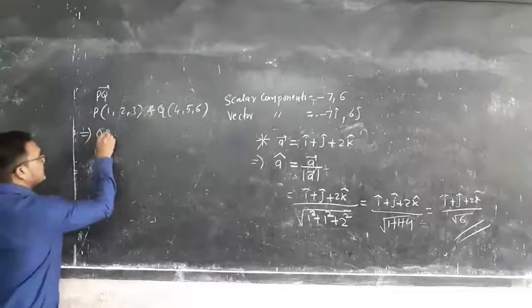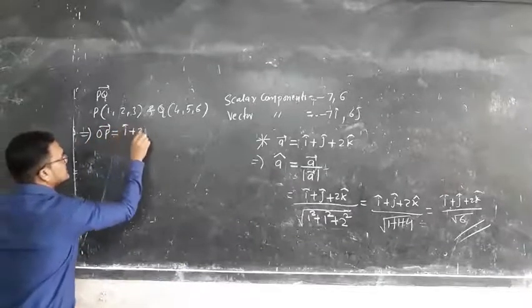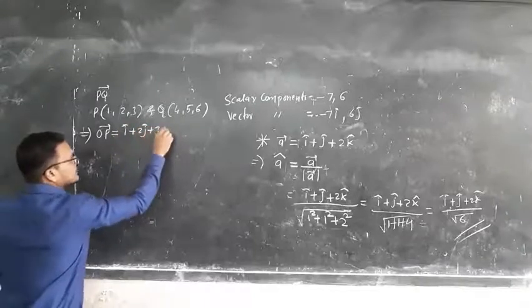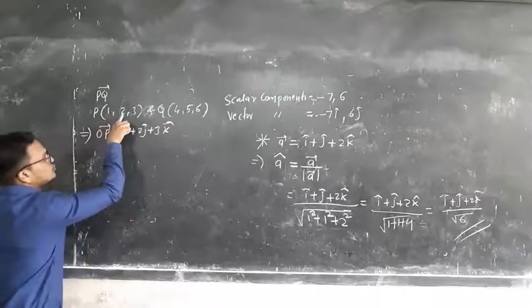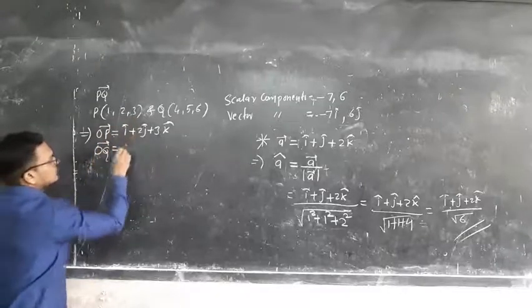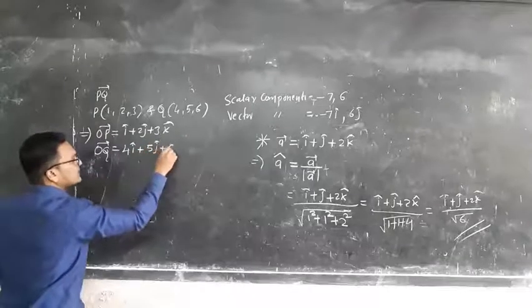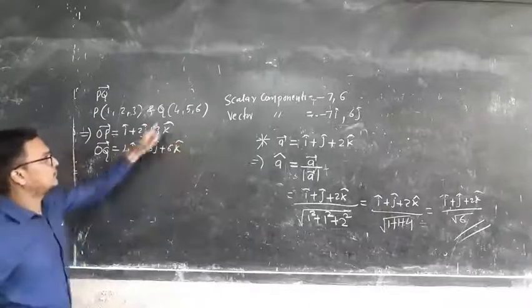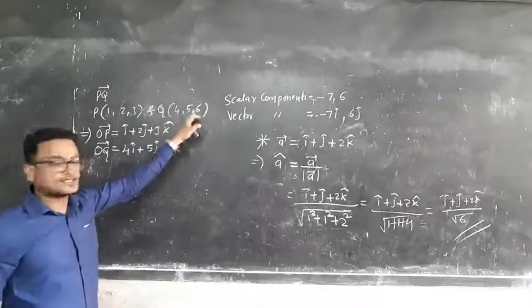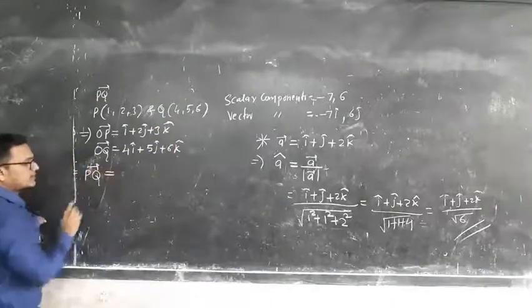P can be written as OP, which is equal to i plus 2j plus 3k. Next, OQ is equal to 4i plus 5j plus 6k. Now you have to find vector PQ.